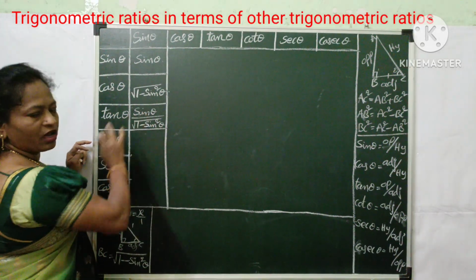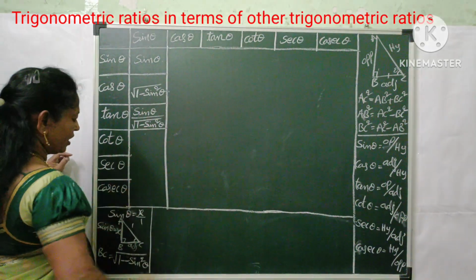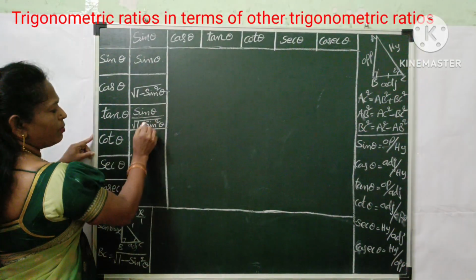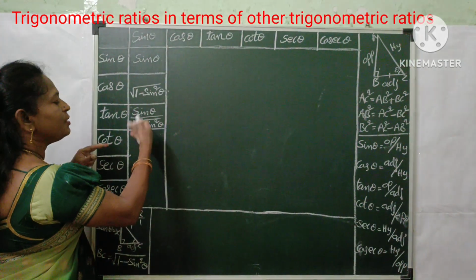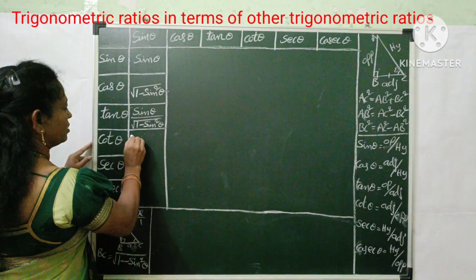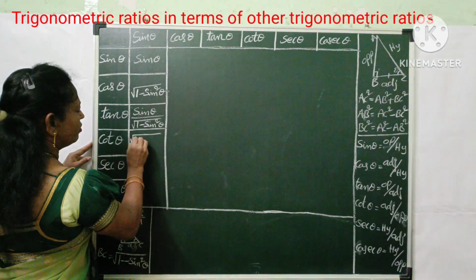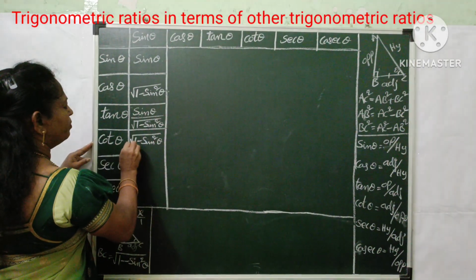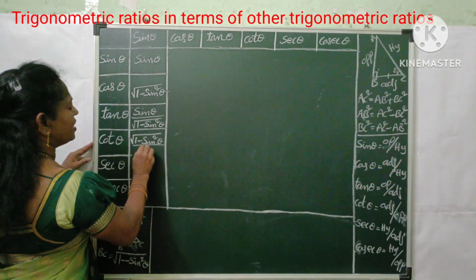Next, cot is the reciprocal of tan. Directly we can write it: reciprocal means denominator as numerator and numerator as denominator. So cot theta in terms of sine is the square root of 1 minus sine square theta by sine theta.